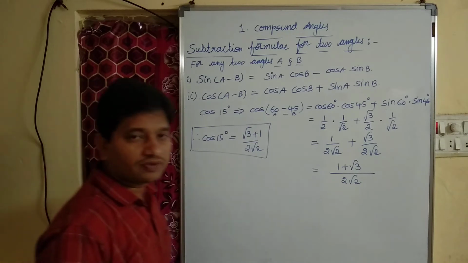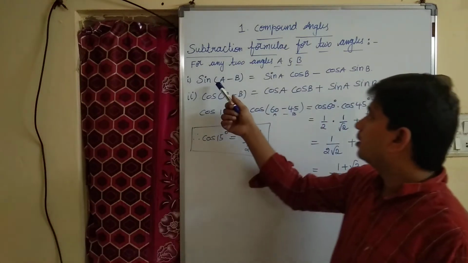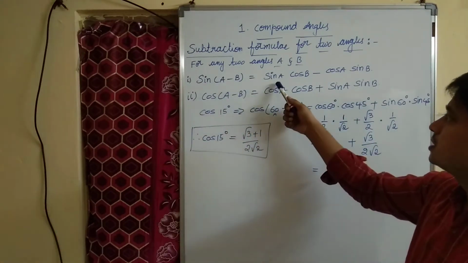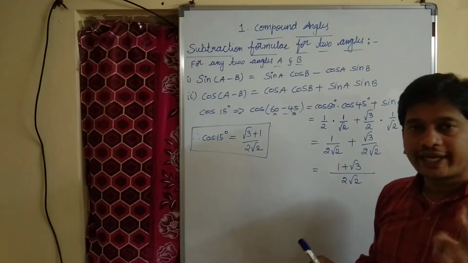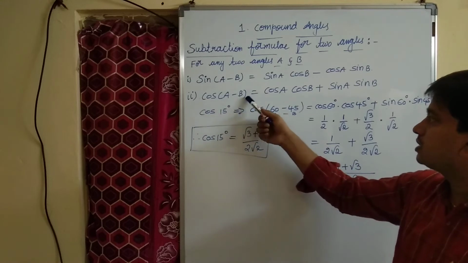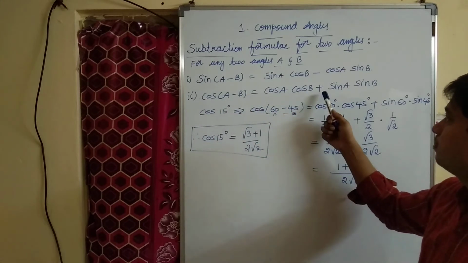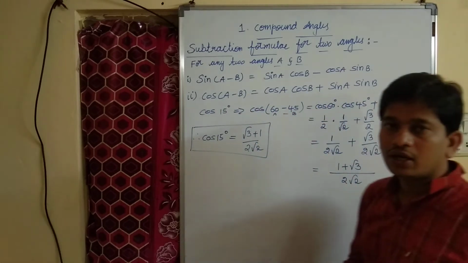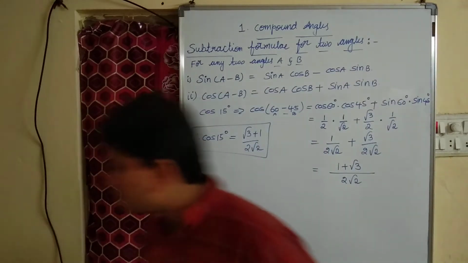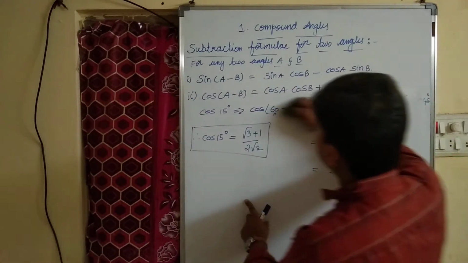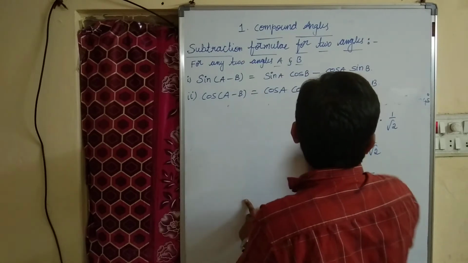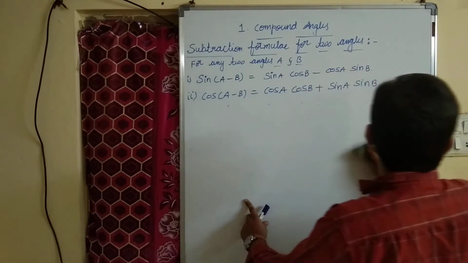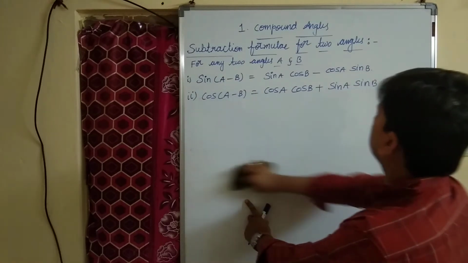So the first formula is sin(A minus B) equals sin A cos B minus cos A sin B. The second formula is cos(A minus B) equals cos A cos B plus sin A sin B. Now let us go with the tan formula, that is tan(A minus B). Can you guess what is the formula of tan(A minus B)?